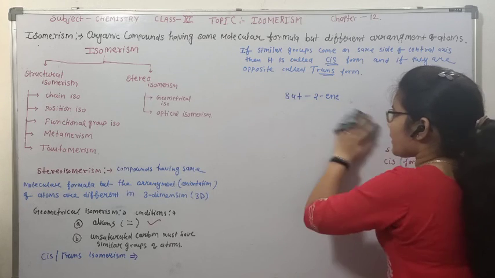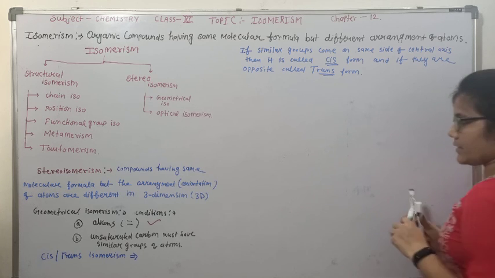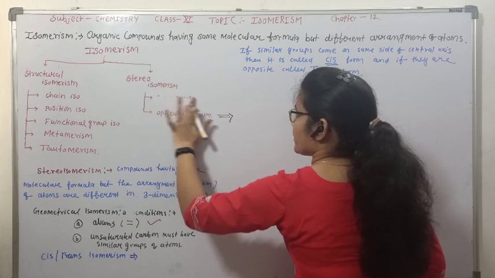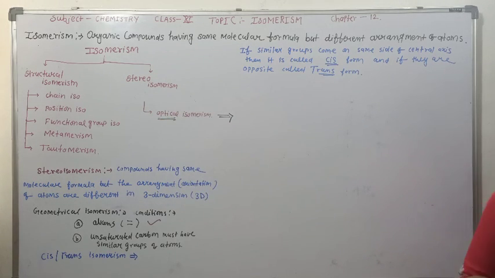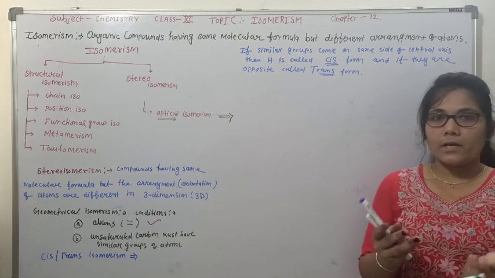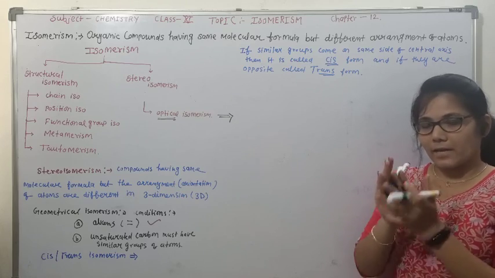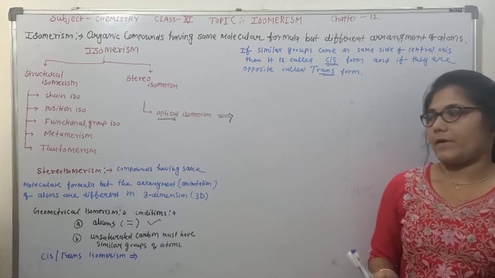Now, the last isomerism, that is optical isomerism. So let's talk about optical isomerism. What is optics? Optics is related to light. Compounds can rotate plane polarized light in either direction, clockwise or anti-clockwise.